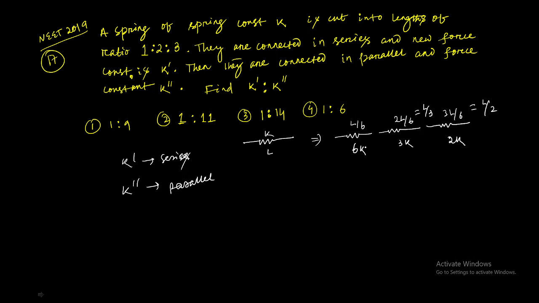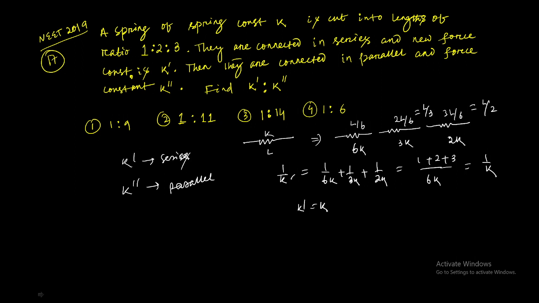Now 3K, 6K, 2K in series. So 1 by K dash can be written as 1 by 6K plus 1 by 3K plus 1 by 2K. This will be 6K, 1 plus 2 plus 3, so this will be 6. This will be 1 by K. Got it?